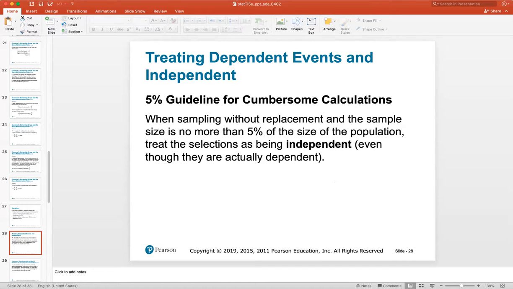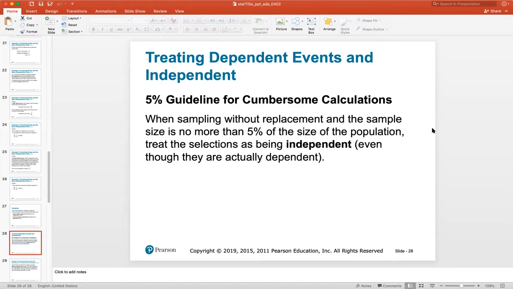In this problem, we selected three pacemakers out of 9,868, which is less than 5%. So by the 5% guideline, we have to treat each selection as being independent.